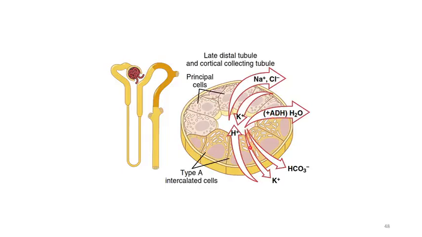Also, reabsorption of potassium occurs by type A intercalated cells, but the secretion of potassium from principal cells dominates the reabsorption of potassium in type A intercalated cells, or it is higher than reabsorption mainly.